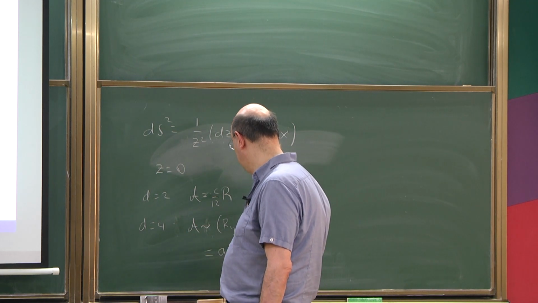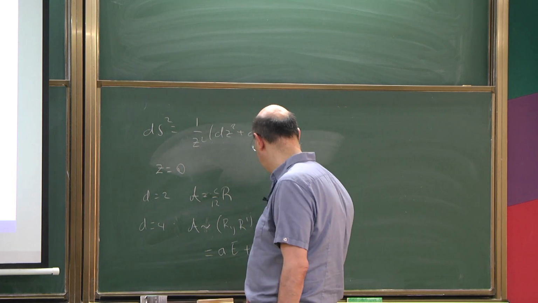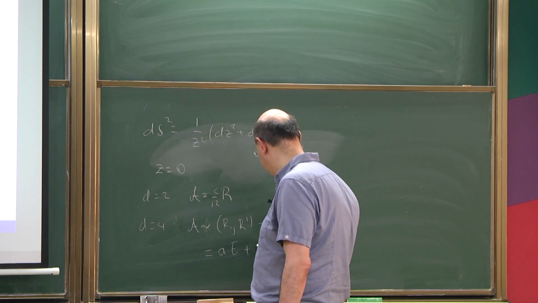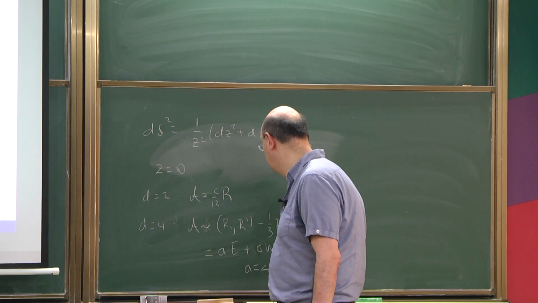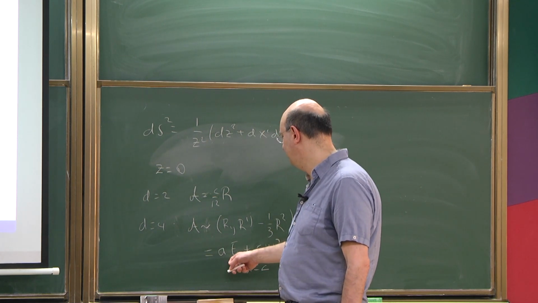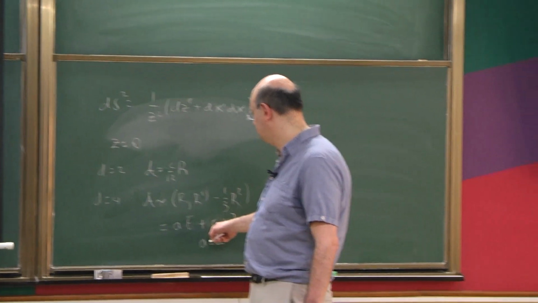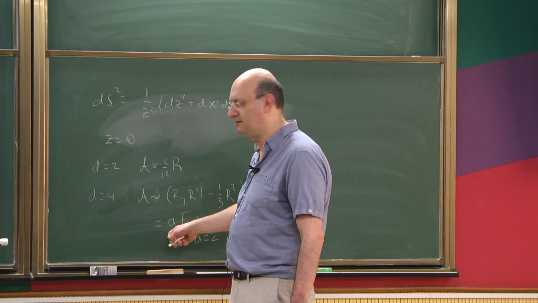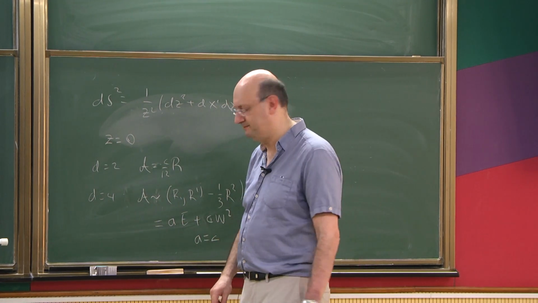That's the conformal anomaly, it has an Euler part and a Weyl squared part. Usually the coefficient of Weyl squared is called c, the coefficient of E is called a, and what you get from this computation is a equals c.